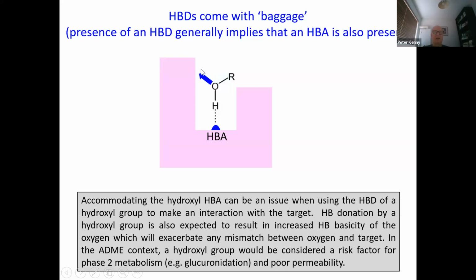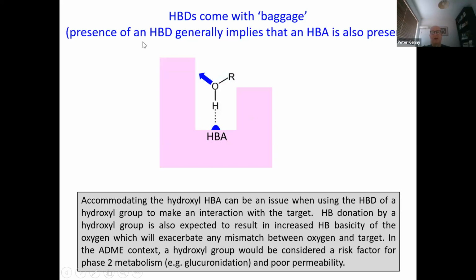So if you were in a situation where you might be docking something, you can't just think about that, you've got to think about that as well. You don't have the same problem with a hydrogen bond acceptor: if you want to present one to a binding site, you can generally find a way of doing it without having to drag a hydrogen bond donor in.